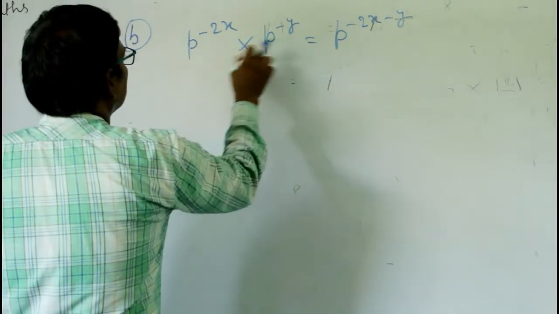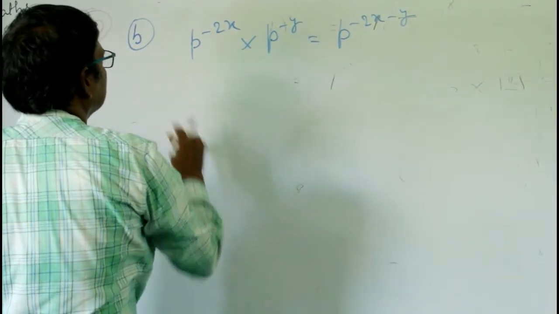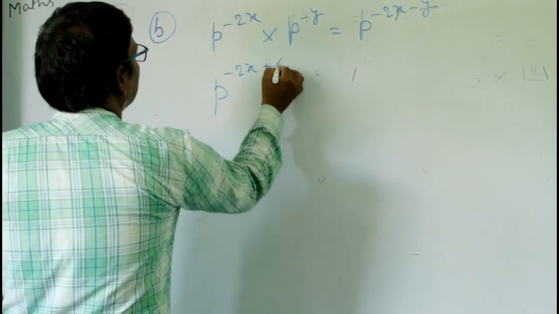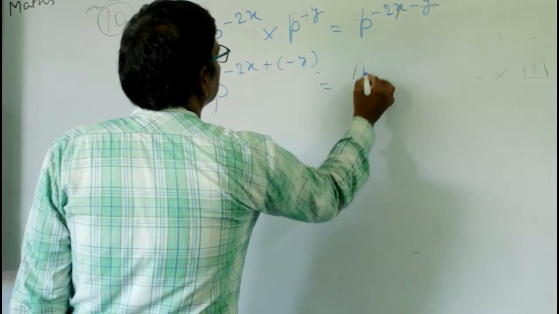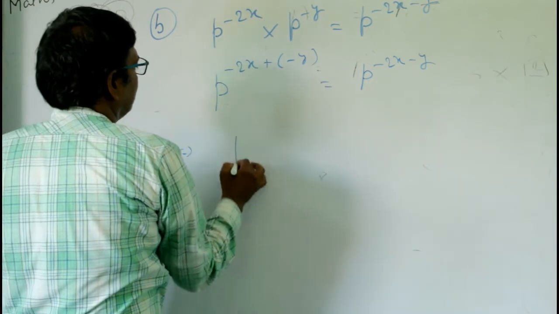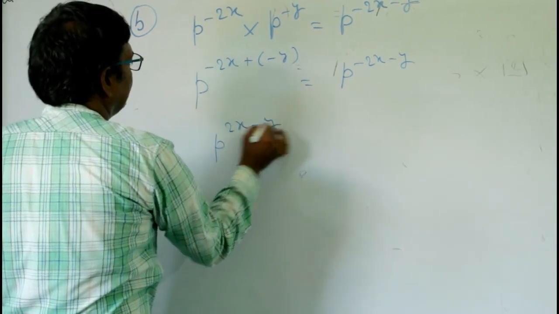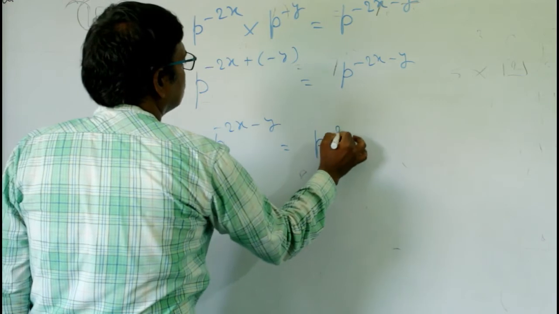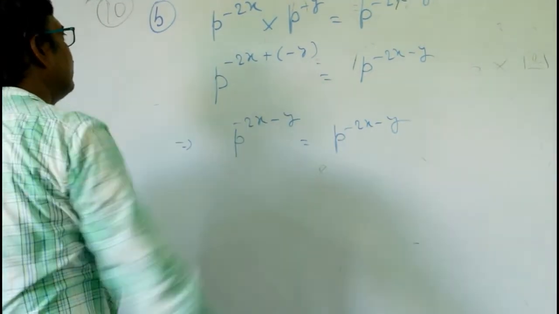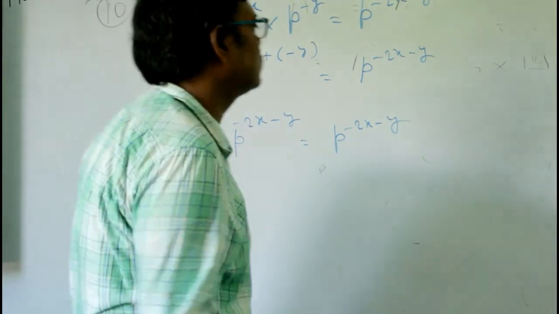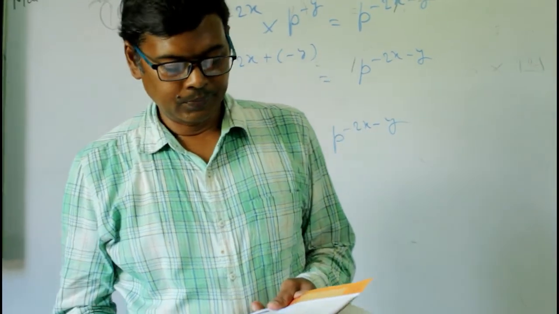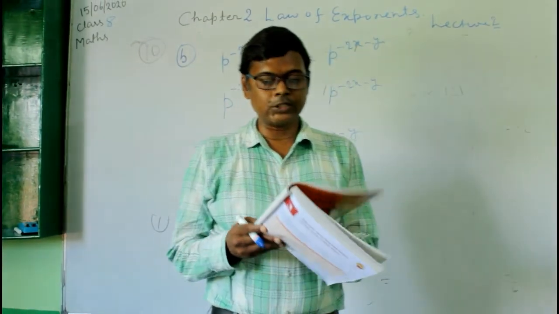Here the base is the same on both sides, so it will be p to the power -2x plus -y, and here it is p to the power -2x - y. Now see that both sides are equal. So this statement is true. In this way you will find the answers of the other questions in question number 10. This one is the last question.